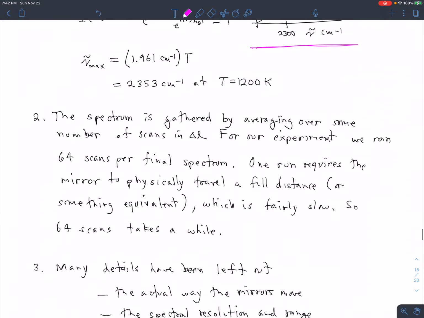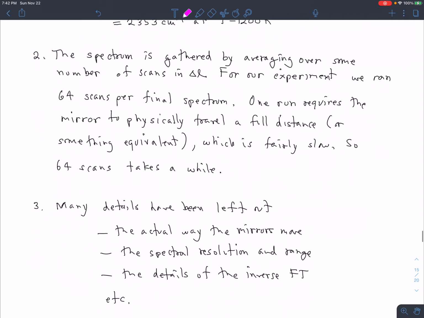Second thing is, yes, that we didn't actually take a spectrum this year. I just supplied the spectra to you, but when we did take the spectra, in fact, the spectra that I sent to you were created with 64 scans.